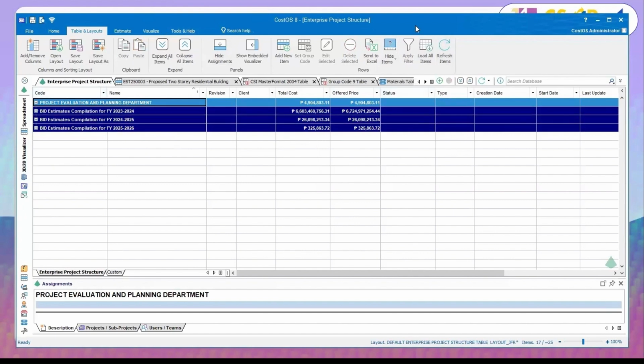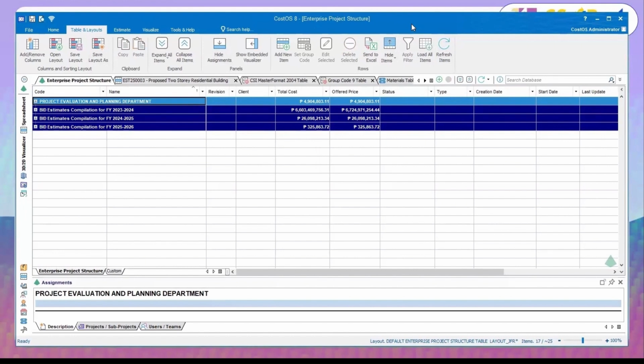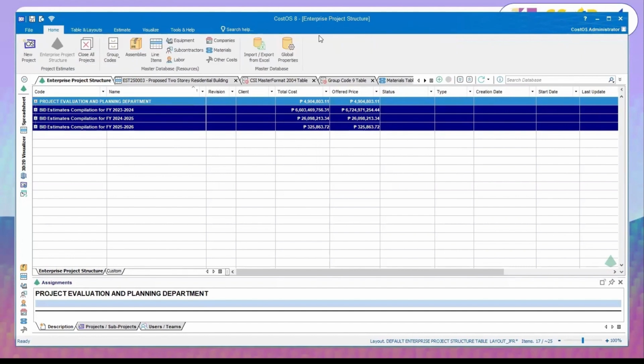So makikita nyo dito, okay, it has the same look and feel of a typical Microsoft application. We now have the ribbons on top as well as a somewhat spreadsheet look-alike. But again, this one is very specific for cost estimating.